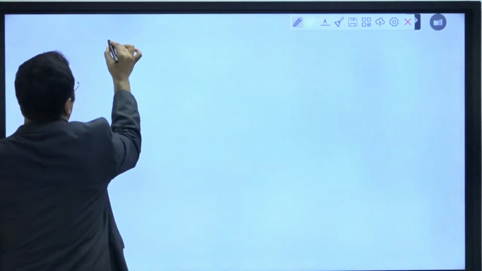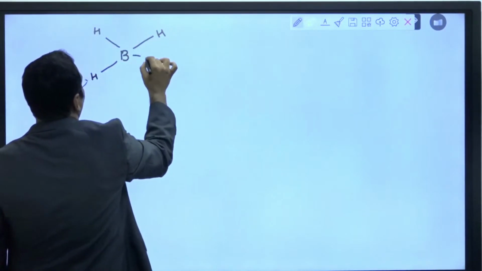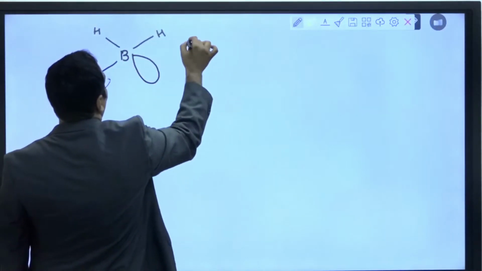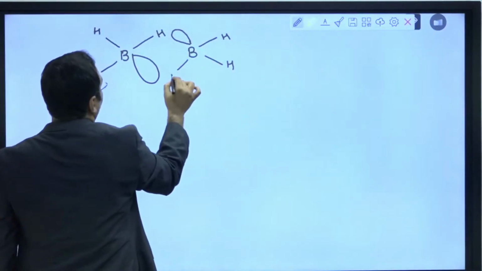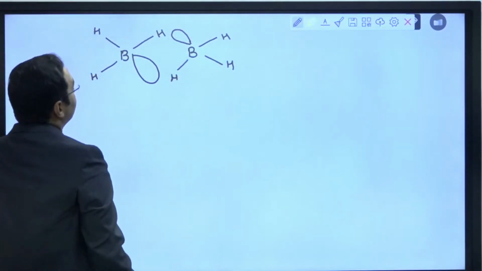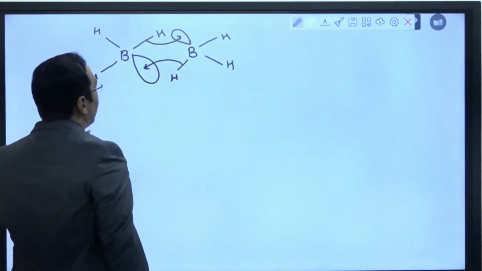B2H6 is this compound. Please draw the structure of B2H6. So B2H6 is dimer of BH3. It's dimer of BH3.